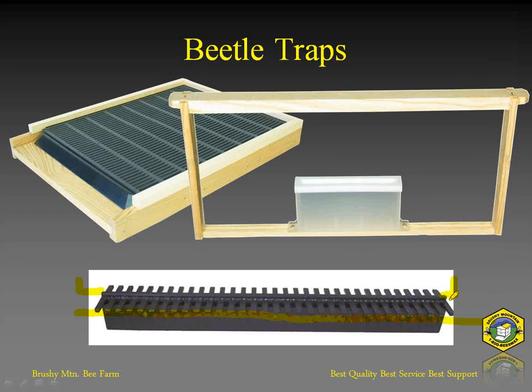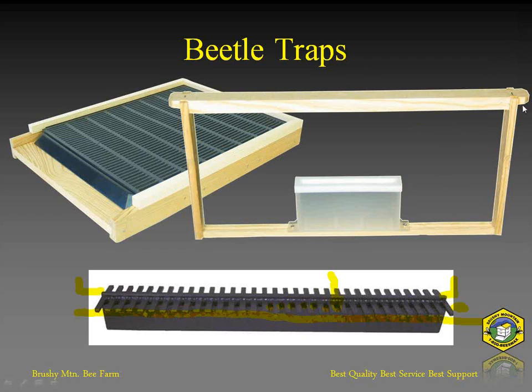So this nests in the space between two frames. And again, you fill this up with a little bit of vegetable oil or mineral oil, and as the beetles get chased around, they dive down through these little openings here in this comb. You can see all these little openings as I move down the comb right here, they dive down into those, into the vegetable oil, and they die.